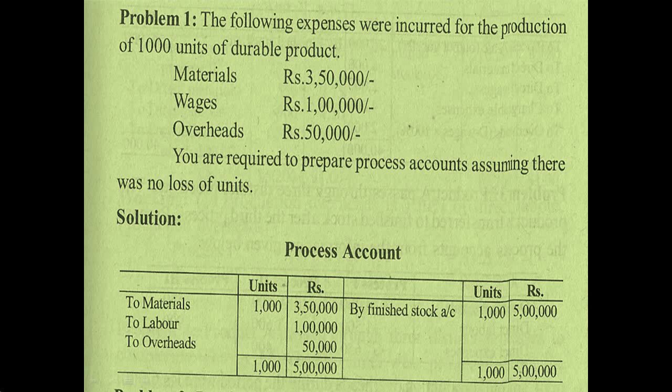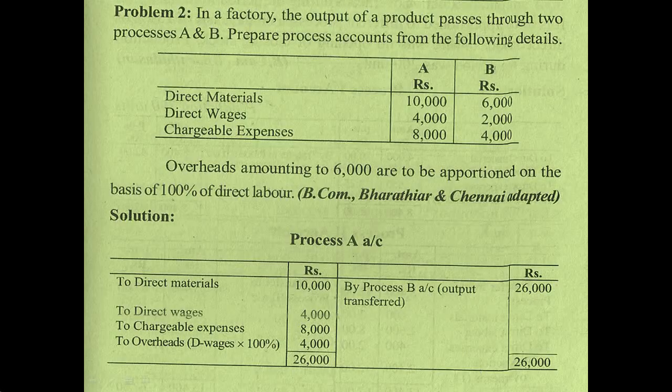On the debit side, material 3,50,000, wages, otherwise called labor, 1 lakh, overheads 50,000. In the unit column, you place 1000 units. Then you add all the amounts on the debit side as well as units: 1000 units, 5 lakhs. You put it on the credit side by finished stock, 1000 units, 5 lakhs.